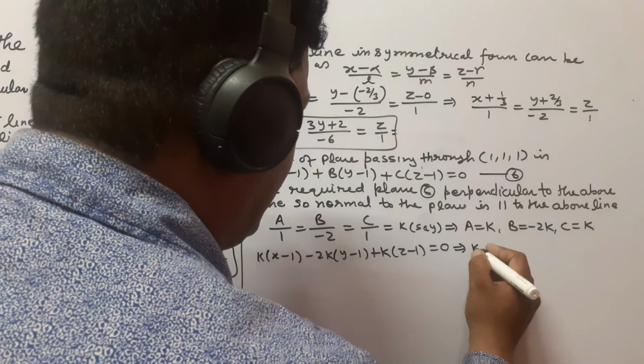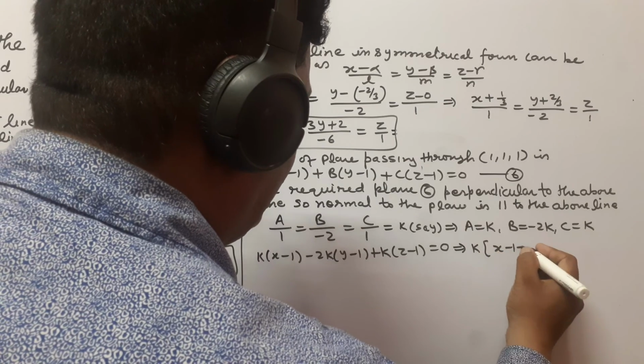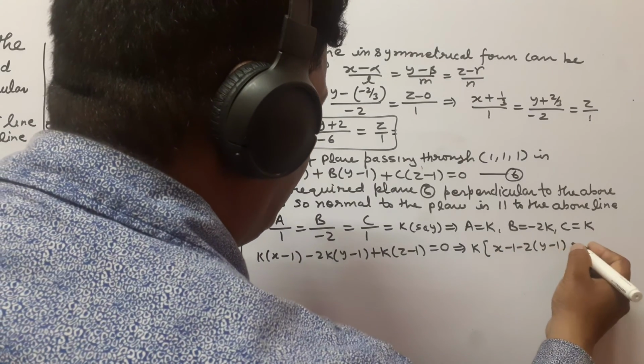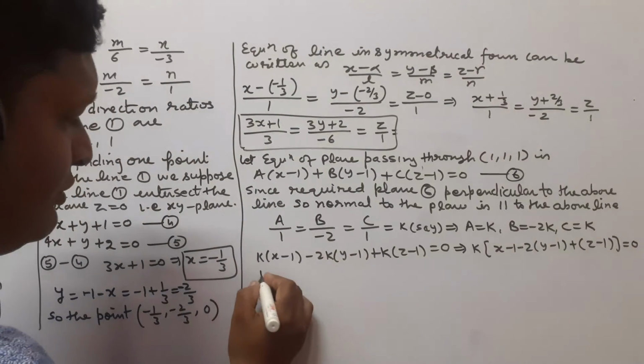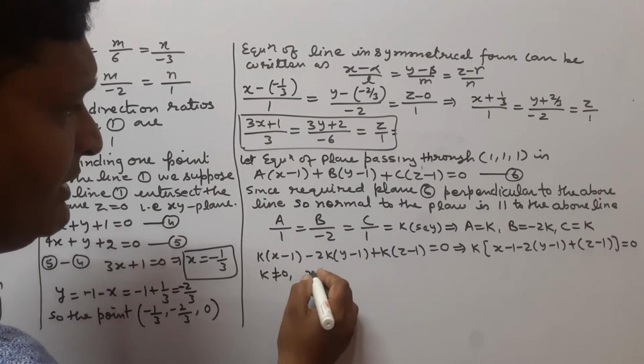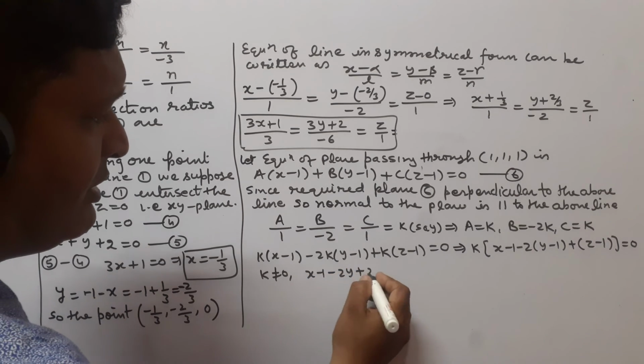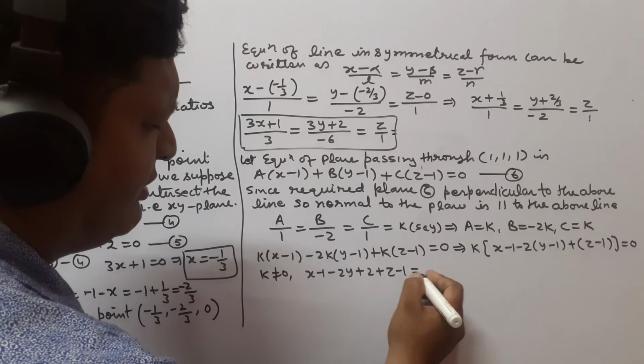Taking common K, we get x minus 1 minus 2 times y minus 1 plus z minus 1 equal to 0. Since K is not equal to 0, we get x minus 1 minus 2y plus 2 plus z minus 1 equal to 0.